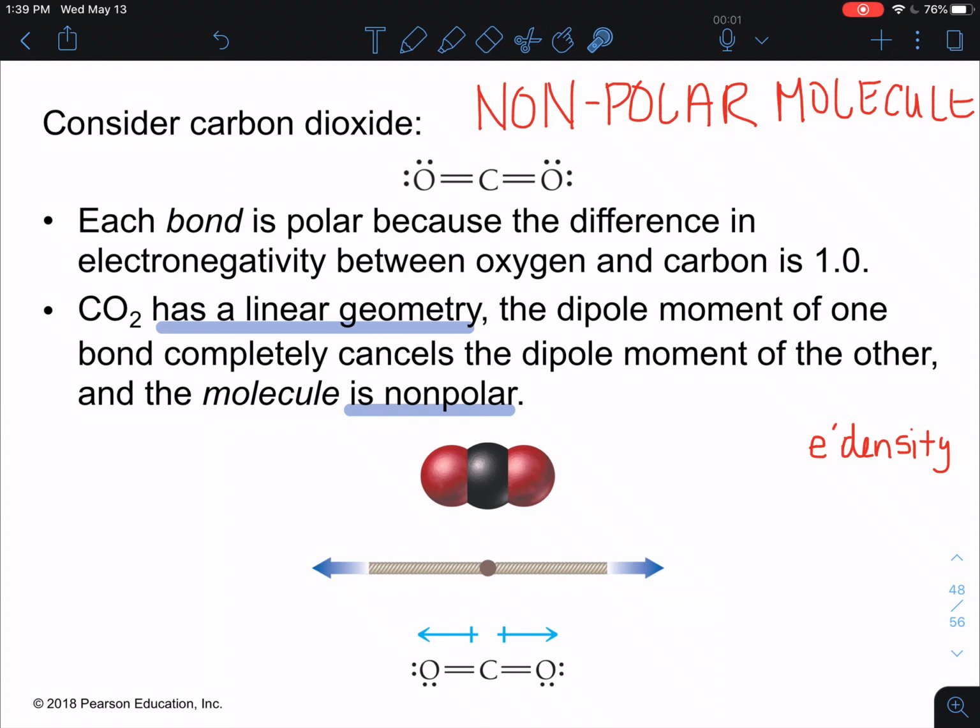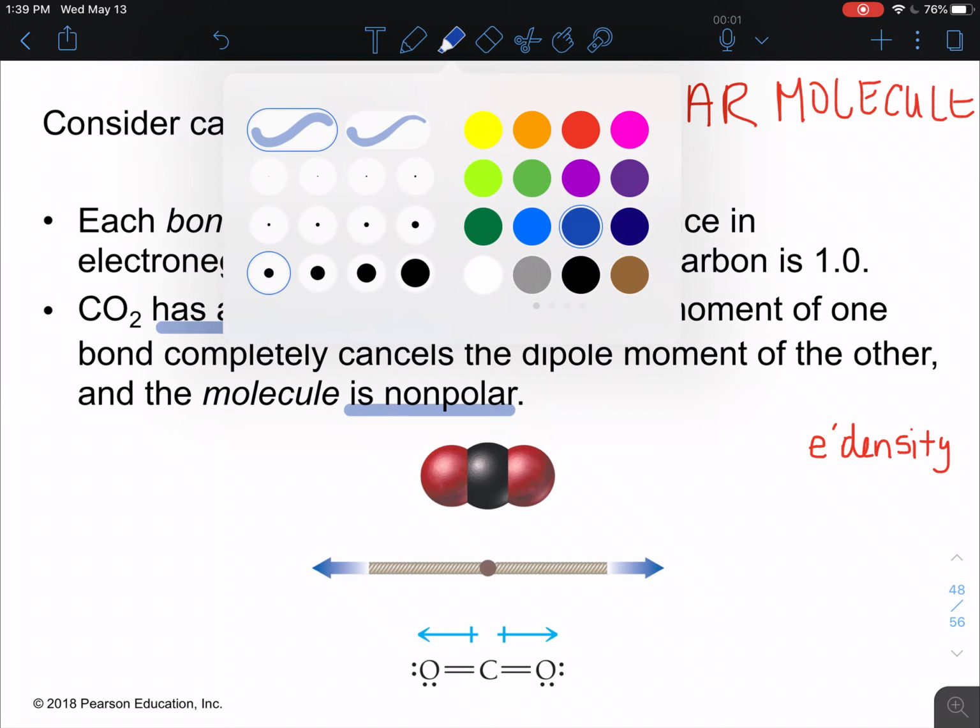Another way that you can look at it is since the electron density is being pushed in this direction, and being pushed this way, there's no unequal distribution of electron density within the molecule, right?